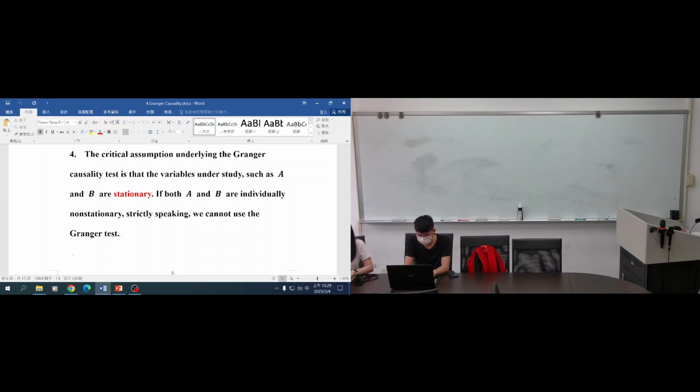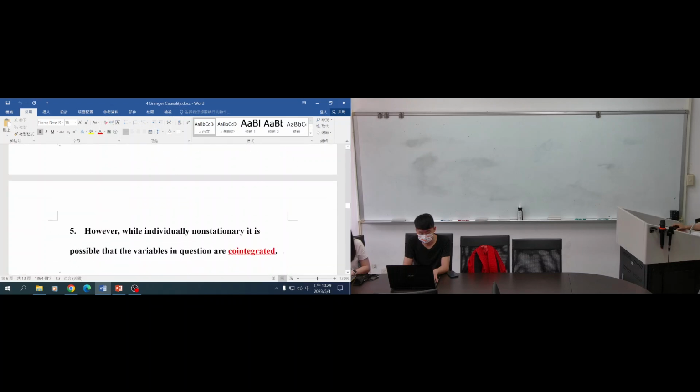But in regression analysis, we need to assume all the variables are stationary. So this is the main topic I'm going to talk about later on. We need to know that if you do the Granger causality test, make sure all the variables are stationary. Okay? All right?